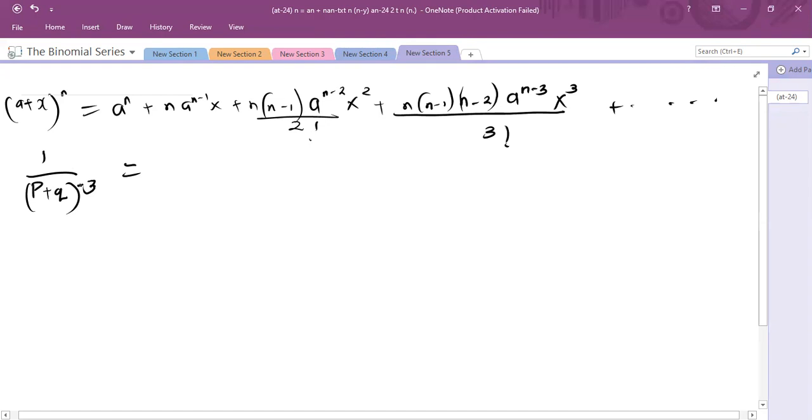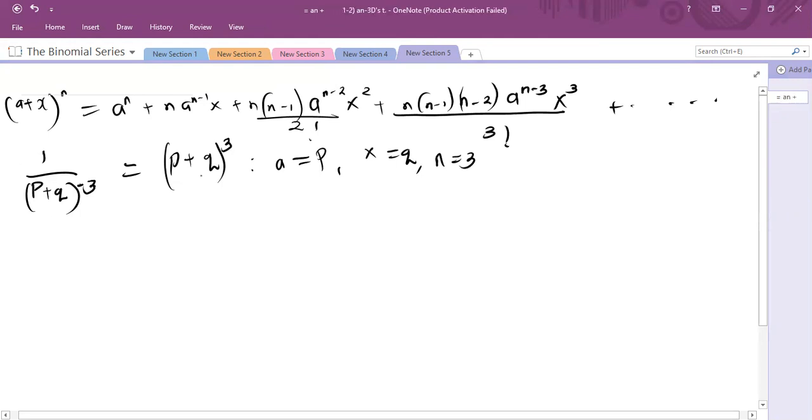Now, p plus q raised to power minus 3, if you bring this up, this will be p plus q raised to the power of positive 3. Then we can go on and now carry out our expansion. So at this instant here, our a will be corresponding to p, our x in the formula will be corresponding to q, and our n will be corresponding to 3.